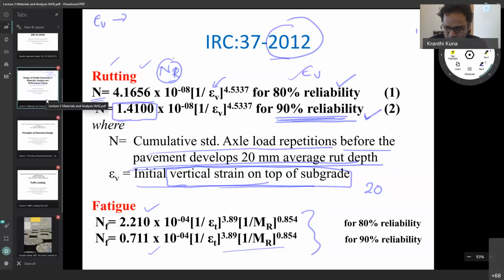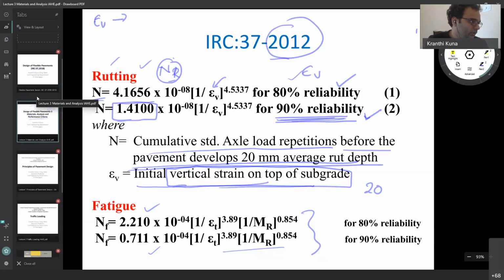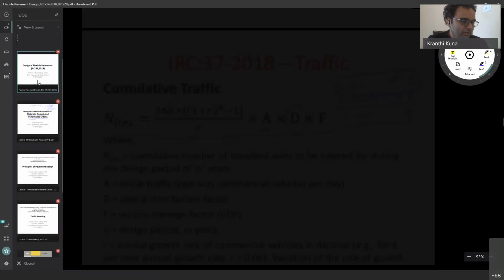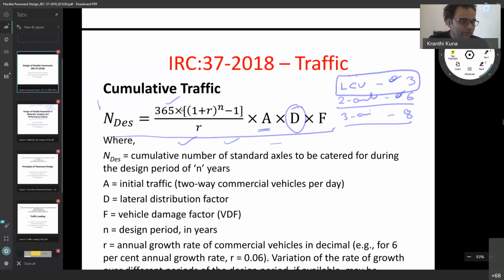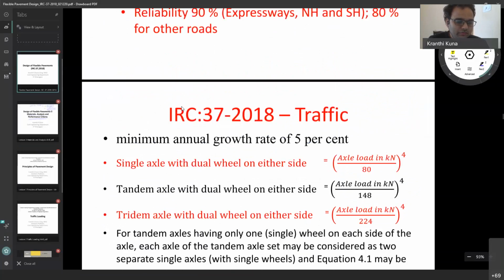Many aspects we discussed already, but from now onwards, I'll be discussing only the things that are written in IRC 37 2018. Maybe somewhere I will refer to the older versions of IRC 37 as well, but primarily the focus will be on the 2018 version. Before I go, if you have any questions, I can take a couple of questions.